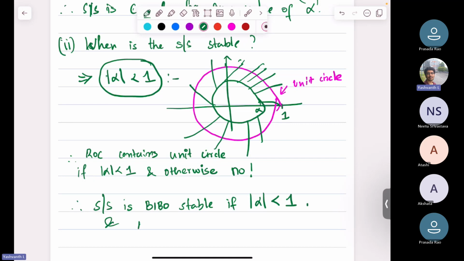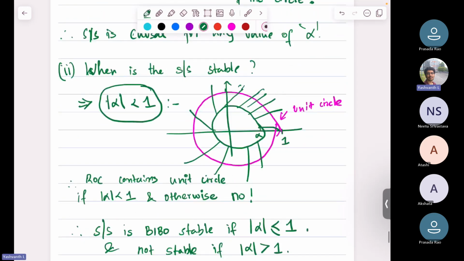And not stable if mod alpha is strictly greater than 1, because in that case the ROC will not contain the unit circle, so the system will not be stable. Okay, so that is basically finishing this question.